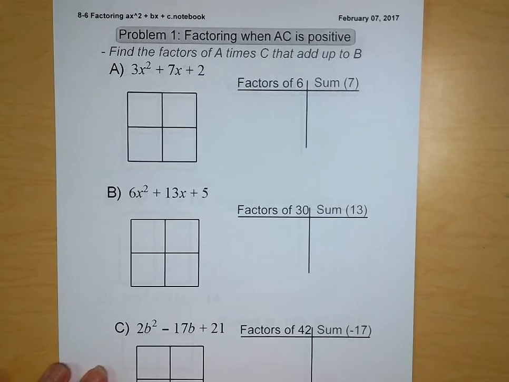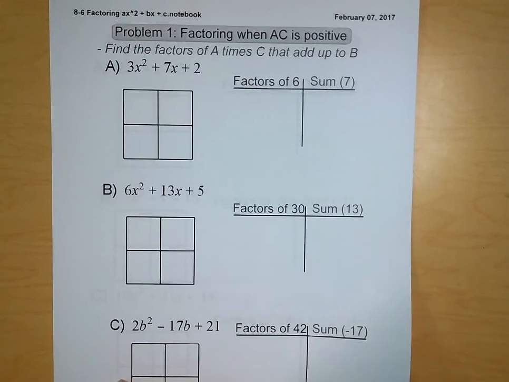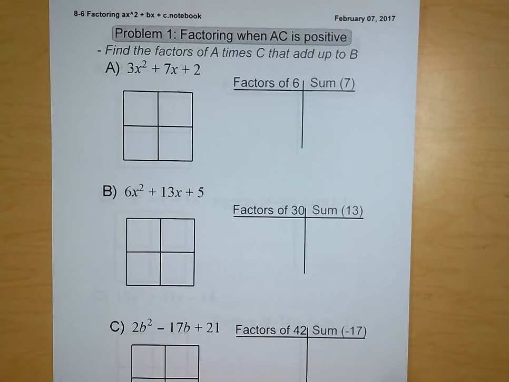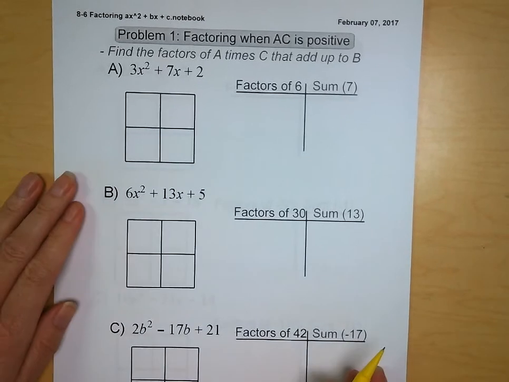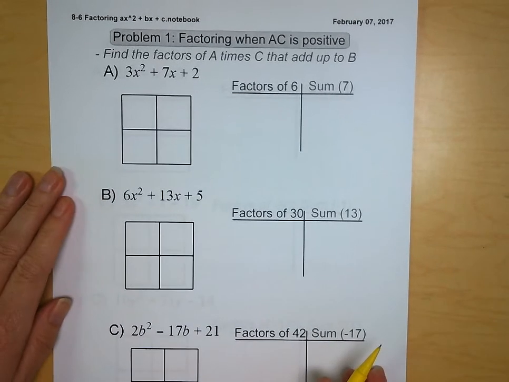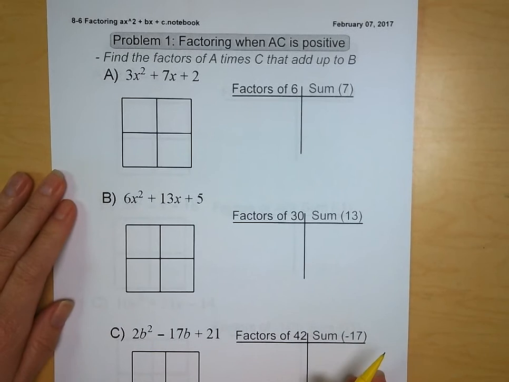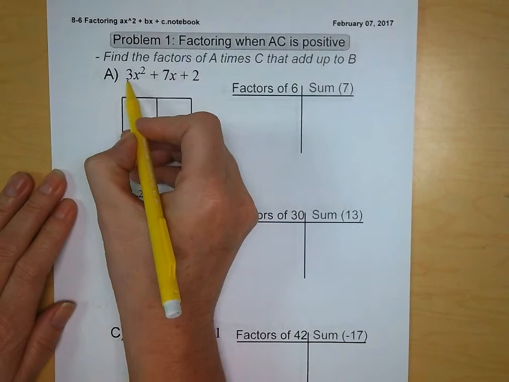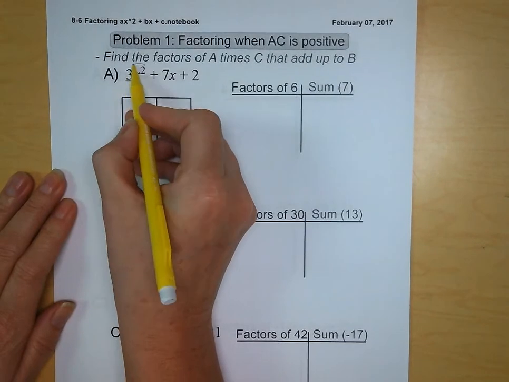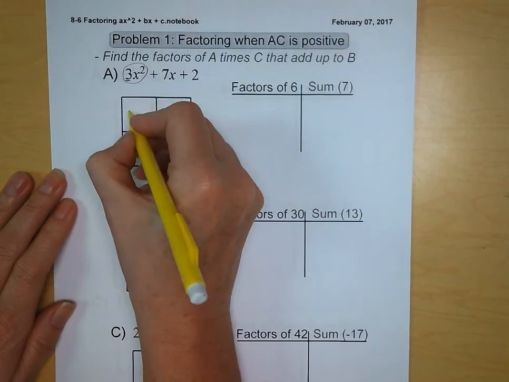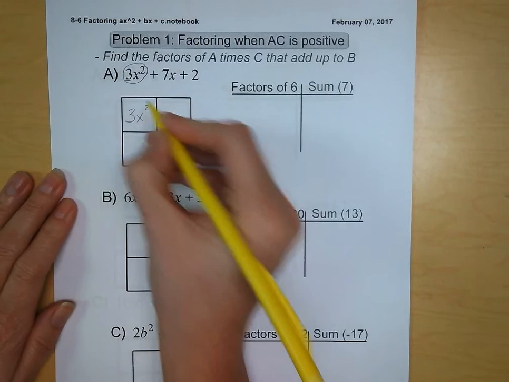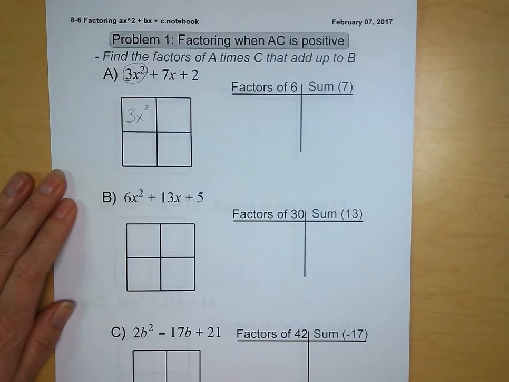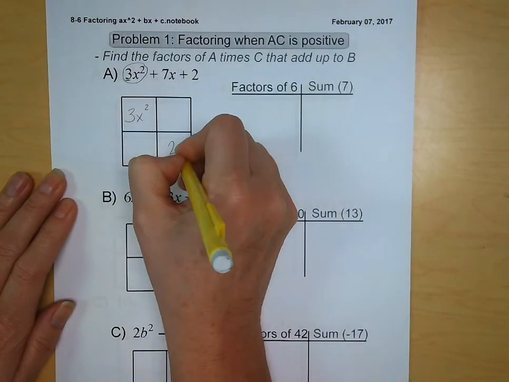Our first problem is factoring when a times c is positive, and our approach for this is a little different from what we did with regular factoring. First, we rewrite the 3x squared in the top left box, and we write our positive 2 in the bottom right box.